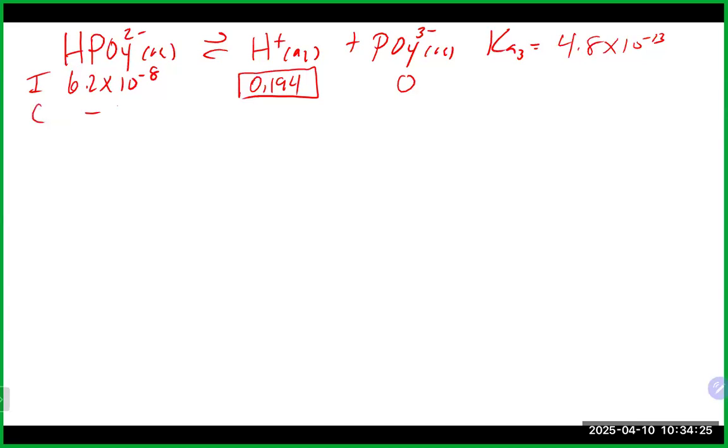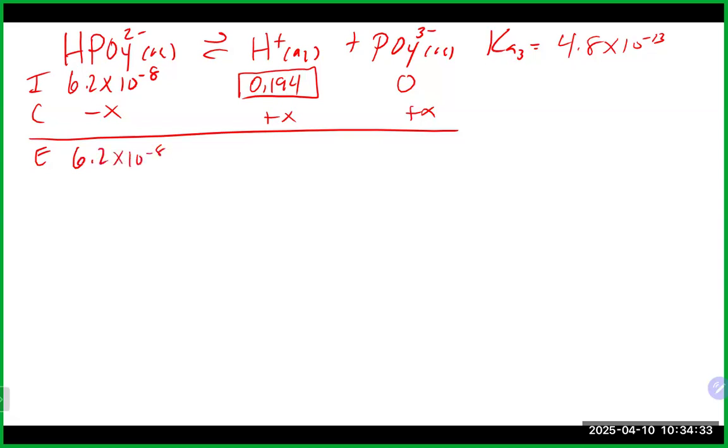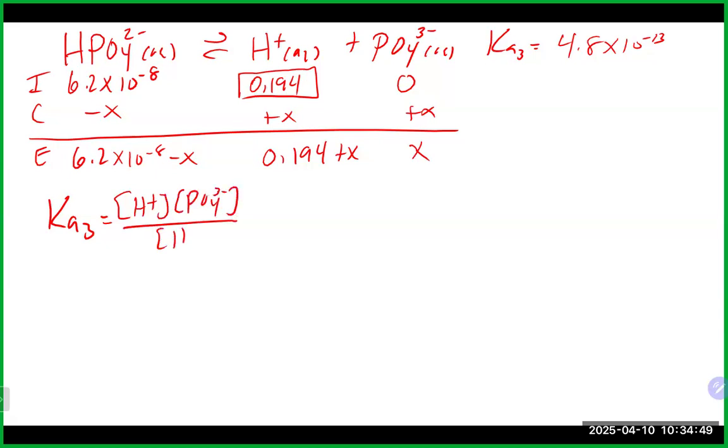Change is going to be the normal, minus x, plus x, plus x. That's going to get us here 6.2 times 10 to the minus 8 minus x, 0.194 plus x, and x. This is going to go into our Ka3 reaction here, our H plus, our phosphate, and our HPO4 2 minus.